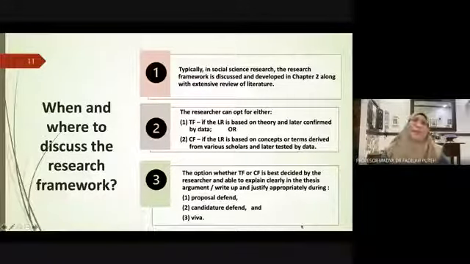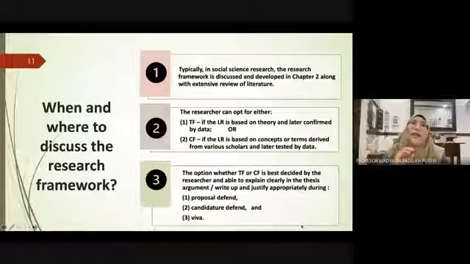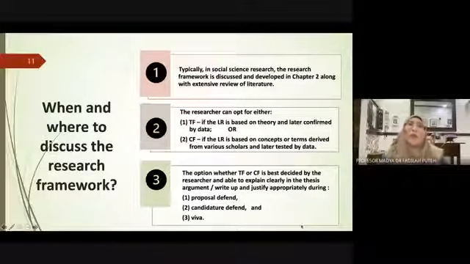I do understand because I have gone through the same process you are going through now. Doing a literature review is quite tough, and you can easily get lost, because there are too many things that you wanted to cover. But the research framework actually helps you to identify and to do the scoping. What are the areas that you wanted to focus on?